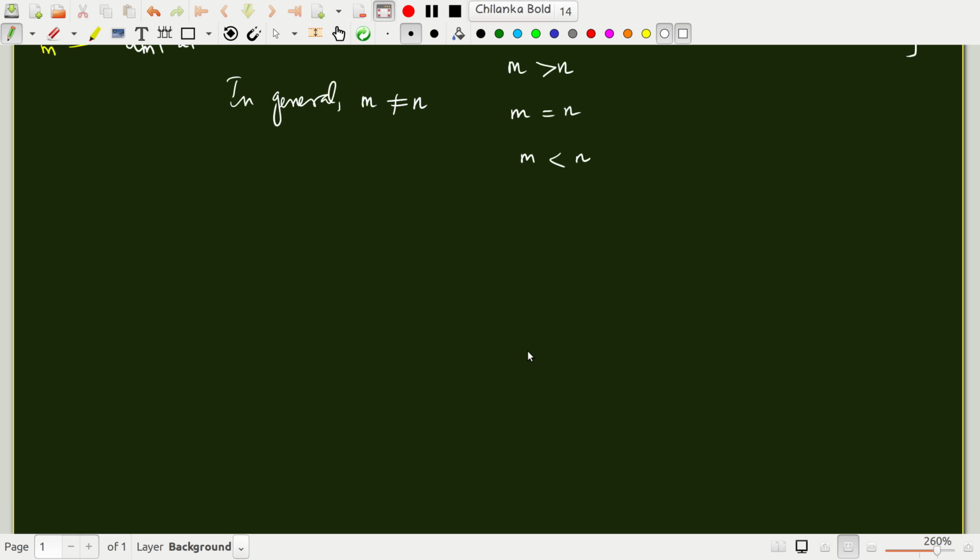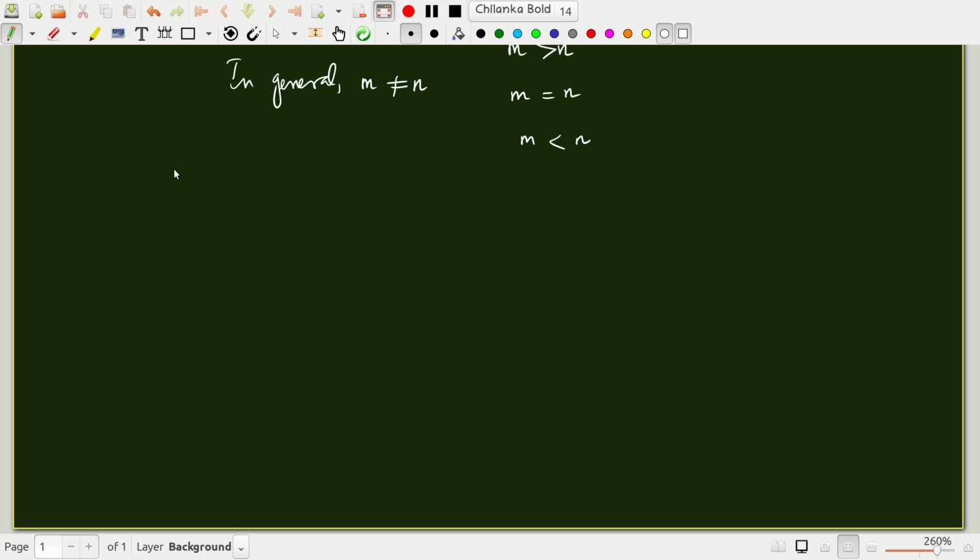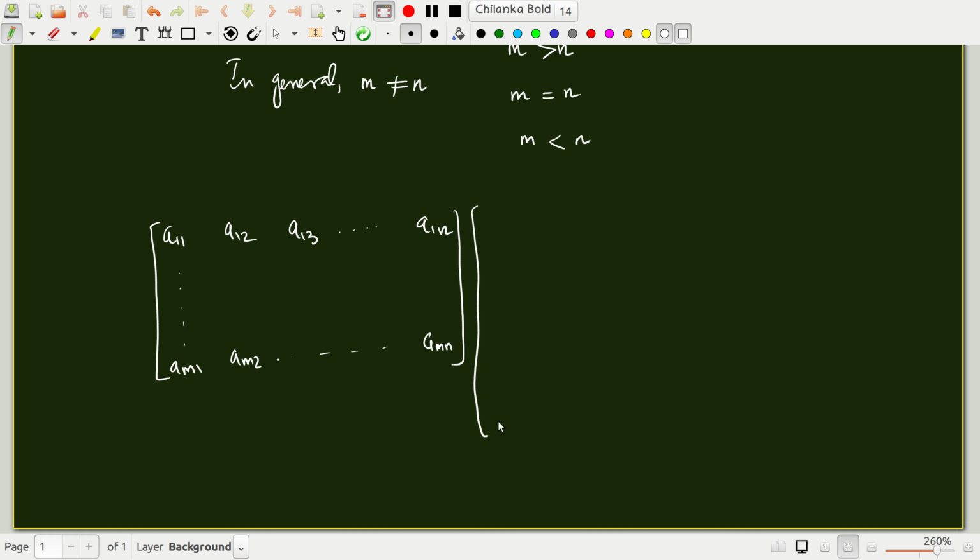Now, if you want to write this in a more compact form, you could appeal to the use of matrices. You could write a11, a12, a13, a1n, so on up to am1, am2, amn, just to indicate that m is not equal to n. I am writing the vector slightly longer, x1 so on up to xn. This is equal to b1 up to bm.